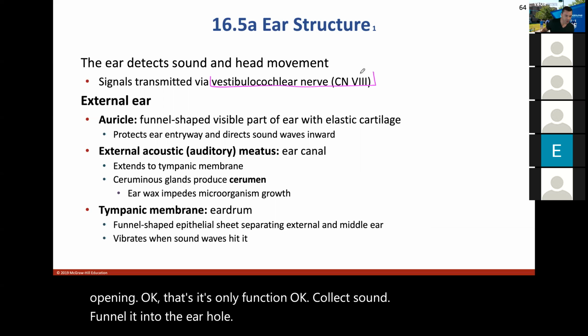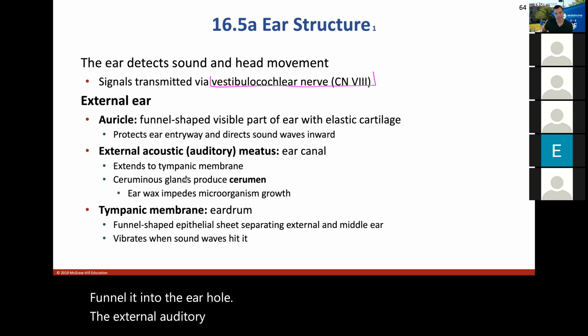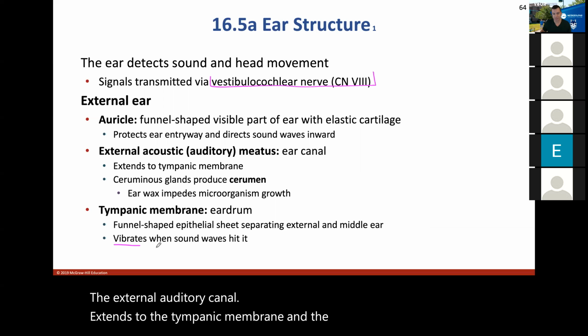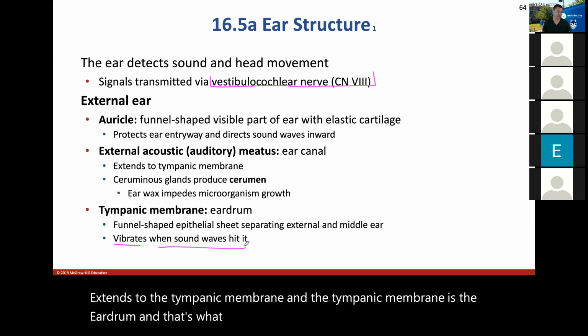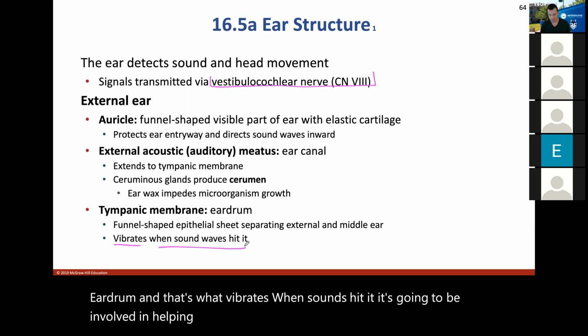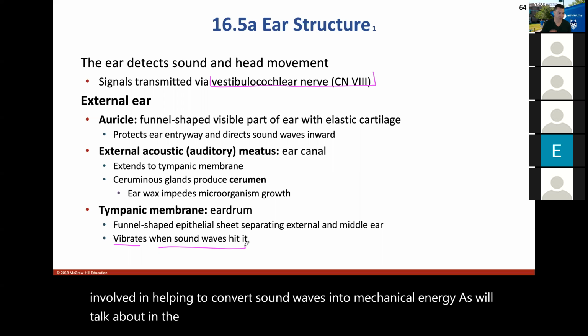The external auditory canal extends to the tympanic membrane, and the tympanic membrane is the eardrum, and that's what vibrates when sounds hit it. It's going to be involved in helping to convert sound waves into mechanical energy, as we'll talk about in the inner ear and the middle ear, respectively.